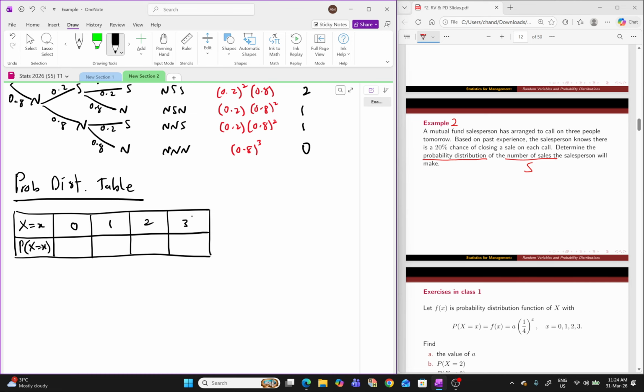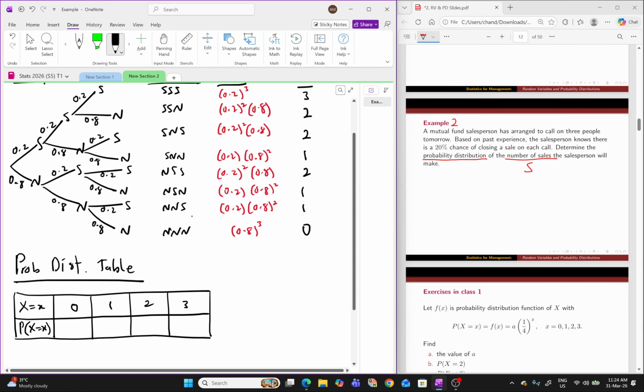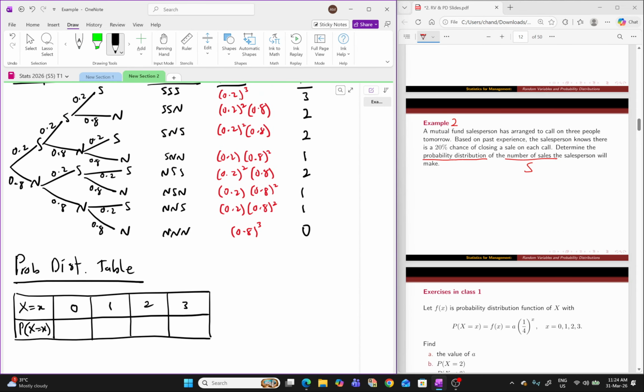Now of course the probability here we have written here, 0.2 cubed. I leave this one for the function. For the table you can calculate. Just press it in the calculator.